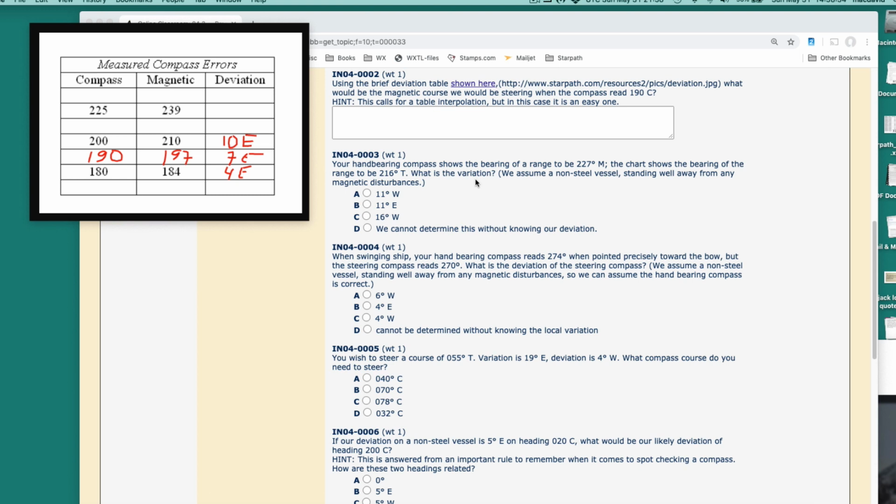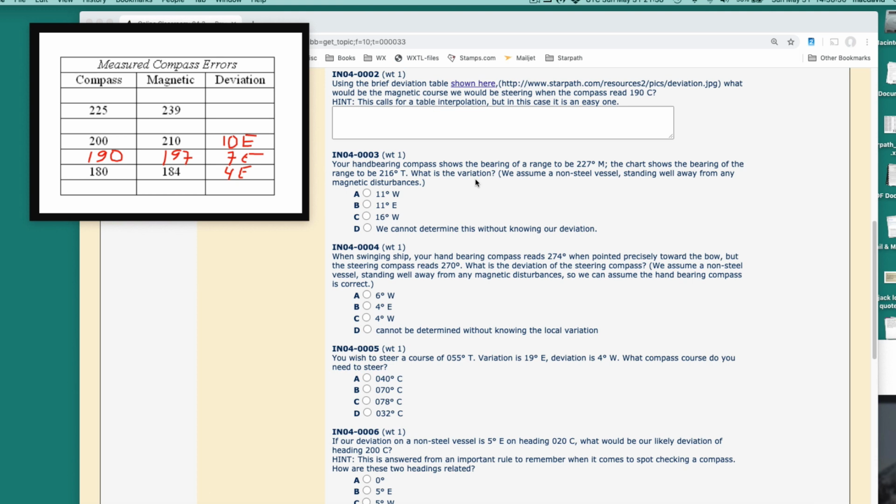We want to know the true direction to compare with charts, and we're starting out with a correct magnetic direction, and we want to get to the true direction. So correcting is add east. So when you go from 227 to 216, correcting, add east.